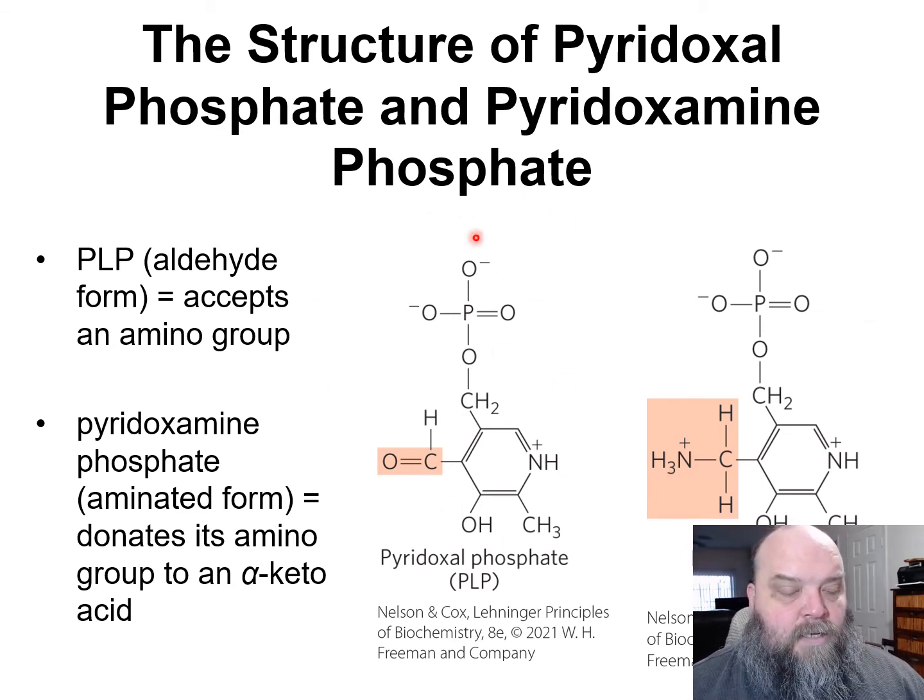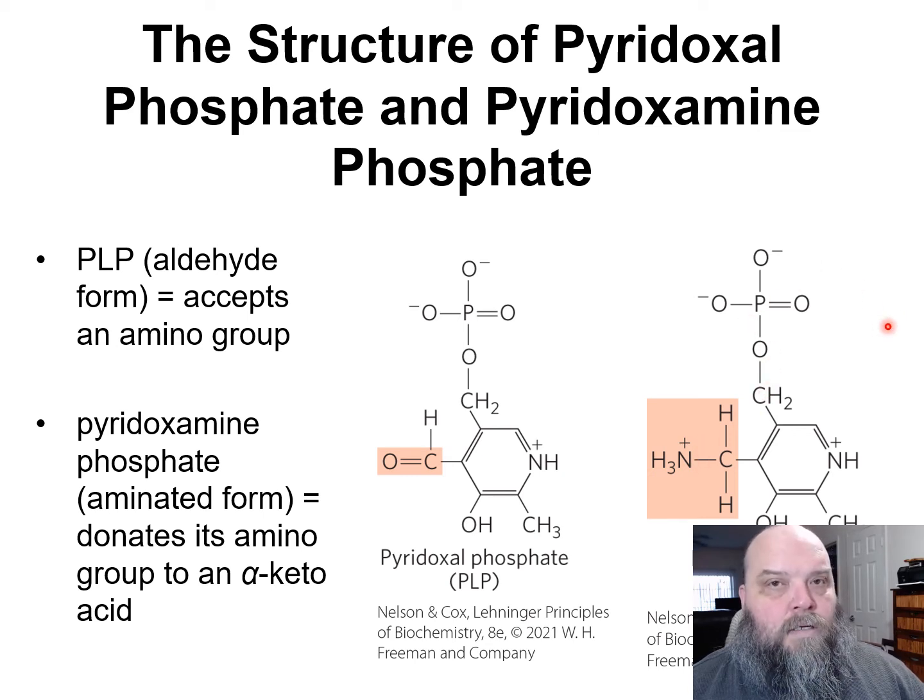Have this hold everything in place in the active site so that the amino group can be pulled off the donor, attached here as the alpha-ketoglutarate gets its carbonyl, gets those bonds reformed so that it can now accept an amino group that's going to be plucked off here and then attach to the alpha-ketoglutarate to become glutamate.